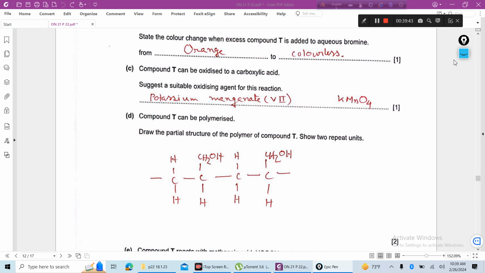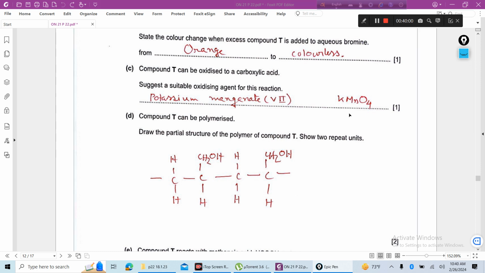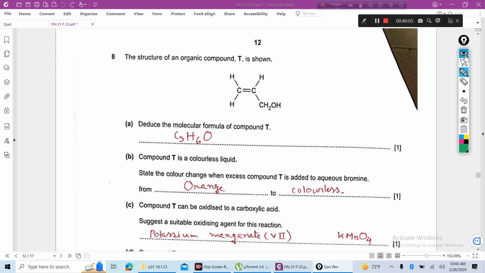Now D, compound T can be polymerized. Draw the partial structure of this polymer form of compound T. You have to show 2 repeat units. So this is addition polymerization, as this contains a carbon-carbon double bond.